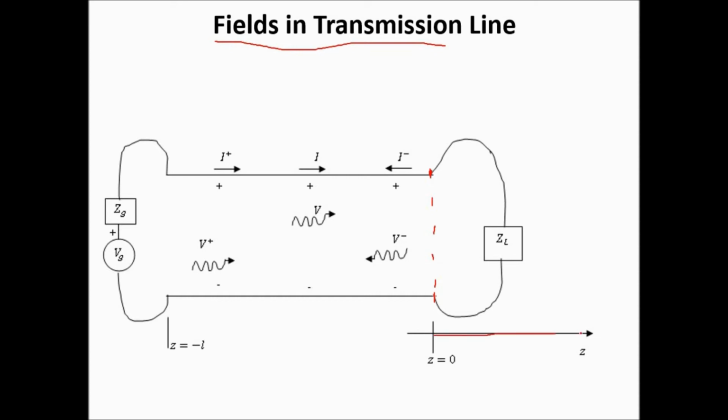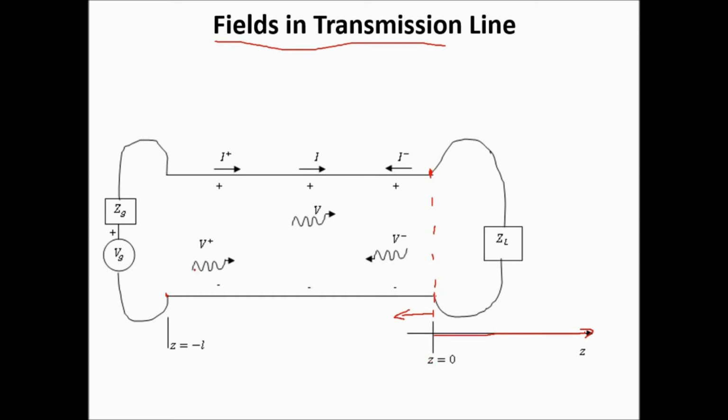Then this side is z increasing, and the generator is connected here, so that side will be z equal to negative L. So if the length of this transmission line is L, any distance measured from the load is negative, because the load is at 0.